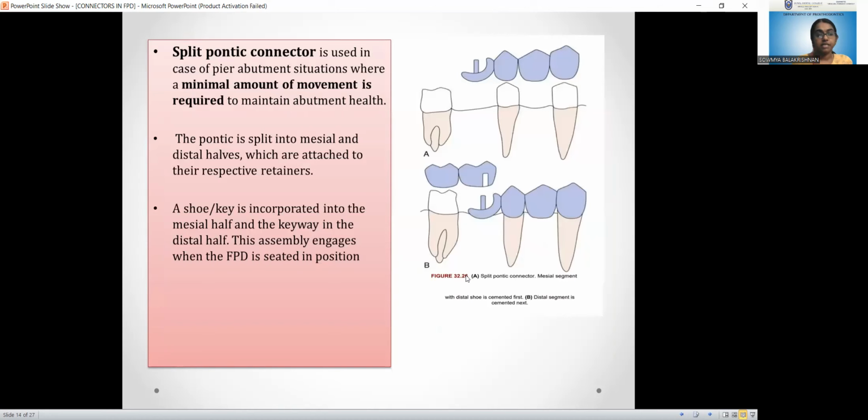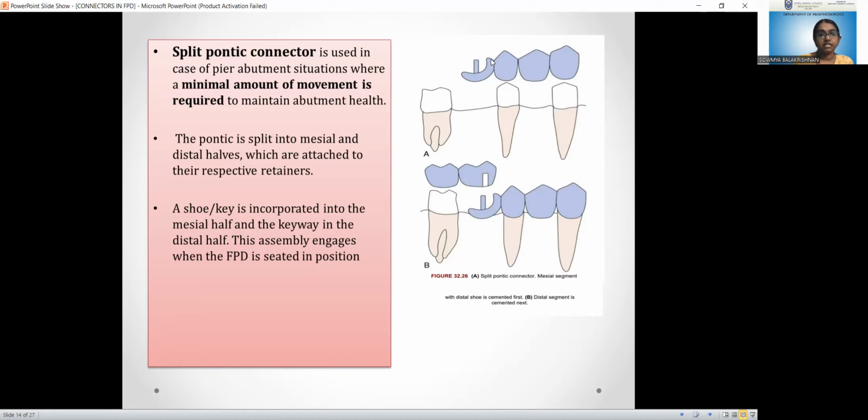Coming to the next type of non-rigid connectors, that is the split pontic connectors. From the name itself, the pontic is split into mesial as well as distal halves, which are attached to the respective retainers. You can see here this is a pier abutment situation, and this is the distal pontic, and this distal pontic is split into mesial as well as distal half.